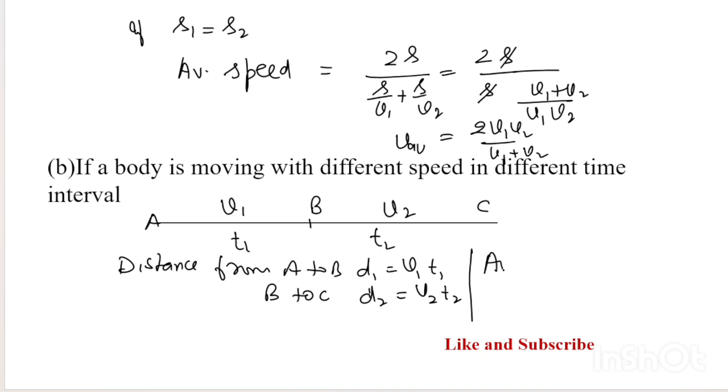So the average speed is equal to total distance v1 t1 plus v2 t2 upon t1 plus t2. This is the formula for average speed.